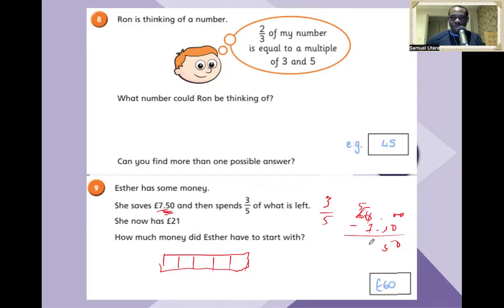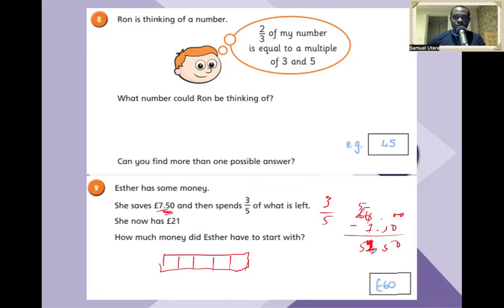Sorry, that's 2, and then that should be 5. So 52.50. Okay, so she has £52.50, and then she spends 3/5 of what is left.